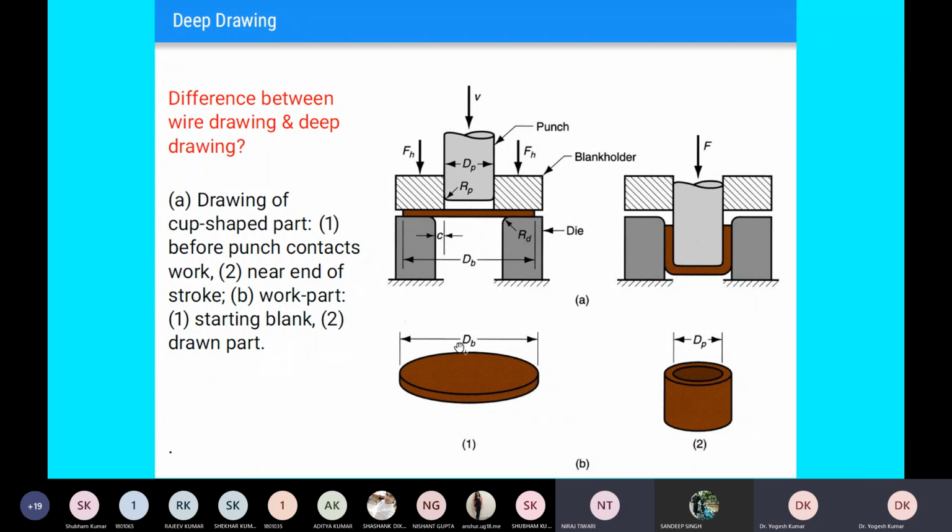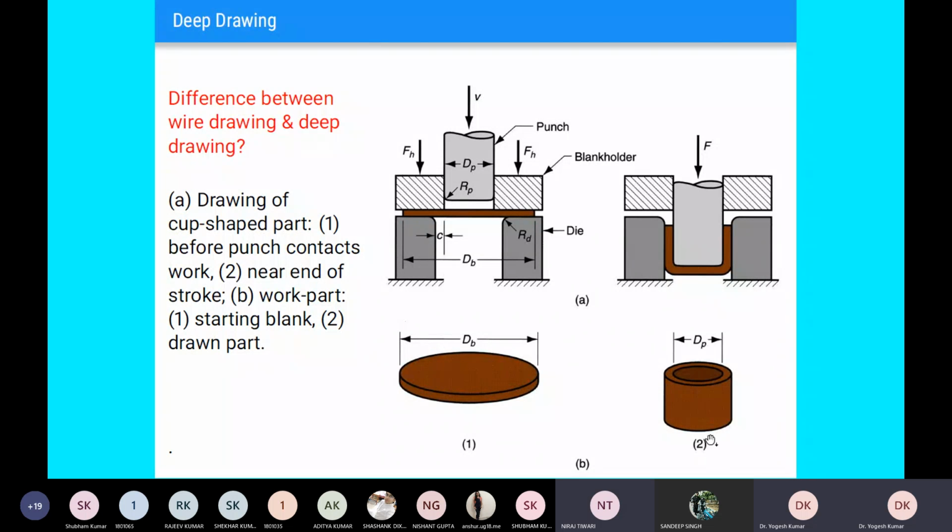If we calculate the volume of this blank, it will be pi D square by 4 into T. This will be the volume of this blank, right? Yes, sir. And this blank has been converted into this particular shape.